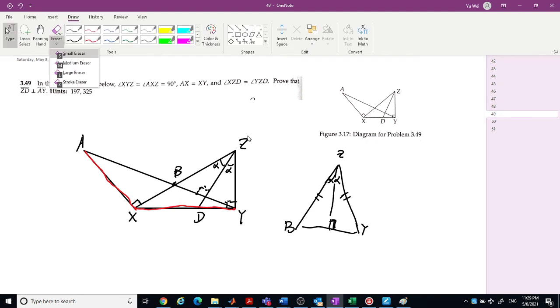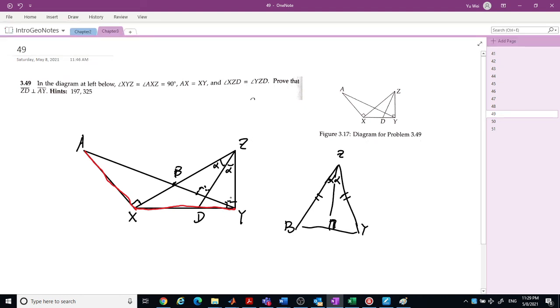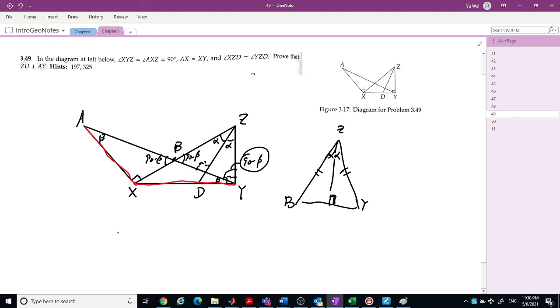Now let's parameterize all those angles. This is the beta, and this is the 90 minus beta. Of course, did you see the triangle AXB is a right triangle? 90 minus beta. So this is 90 minus beta. Now we see the angle ZBY is equal to angle ZYB is equal to 90 minus beta.